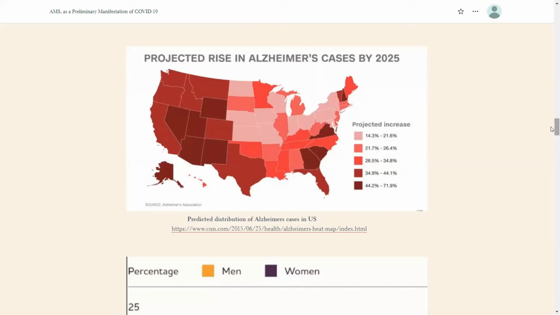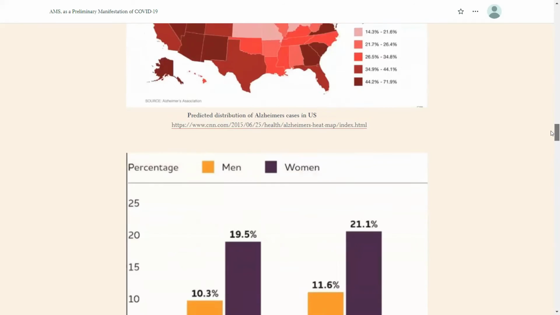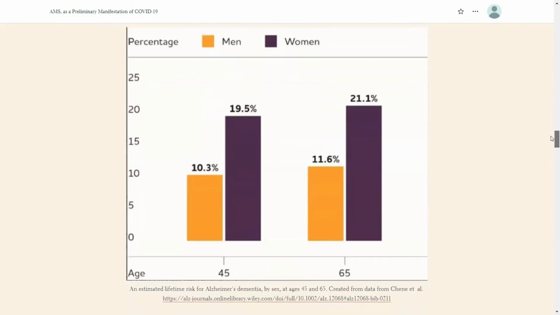This map shows that the cities that have Alzheimer's are those cities that, one, have a high population, and it's also an indication that these cities with Alzheimer's have elderly people living in them. The graph is also an estimated lifetime risk for Alzheimer's by sex from age 45 to age 65.